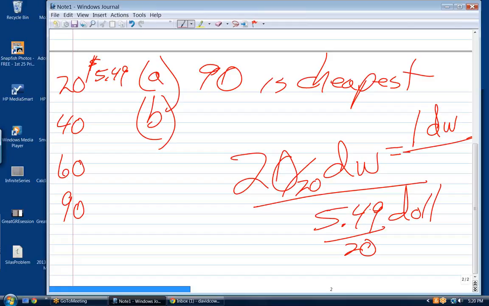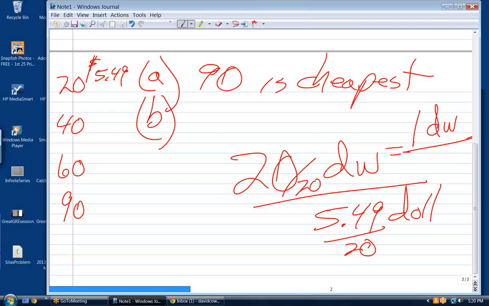What is 5.49 divided by 20? Why don't you do that one on your calculator, just for speed's sake. Let me get it up. Here we are.